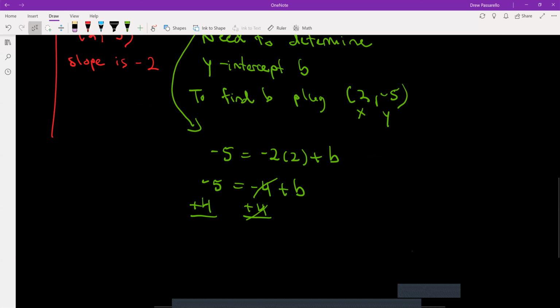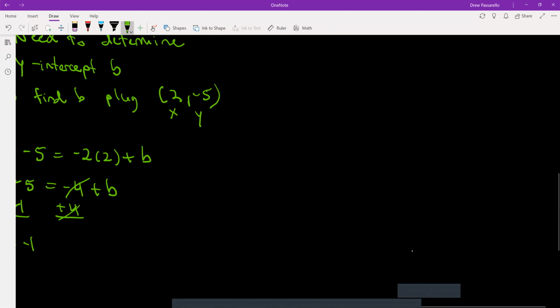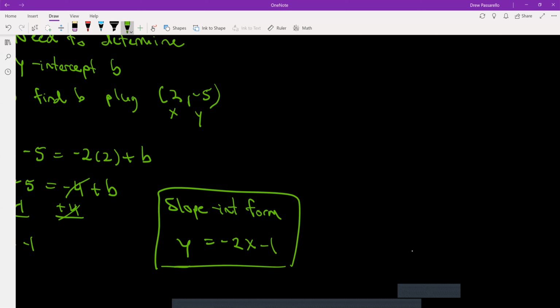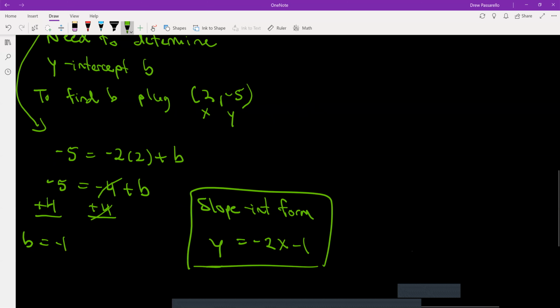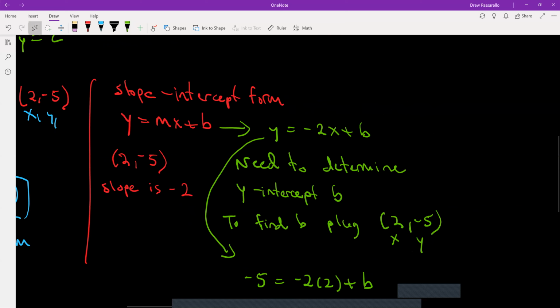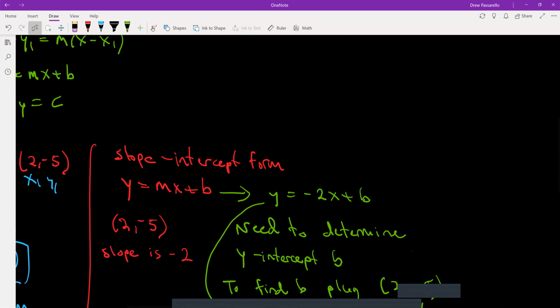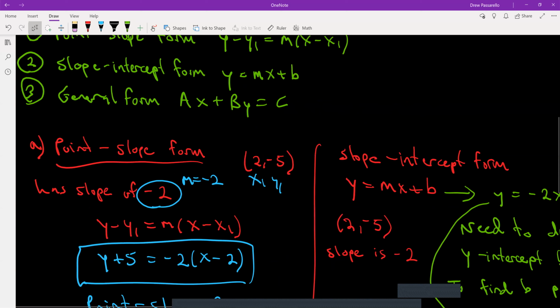All right, so b is -1. So the slope-intercept form is y equals -2x minus 1. That's just two approaches, two different answers, basically representing the same line though. Obviously the first method I did is easier because it's way fewer steps.